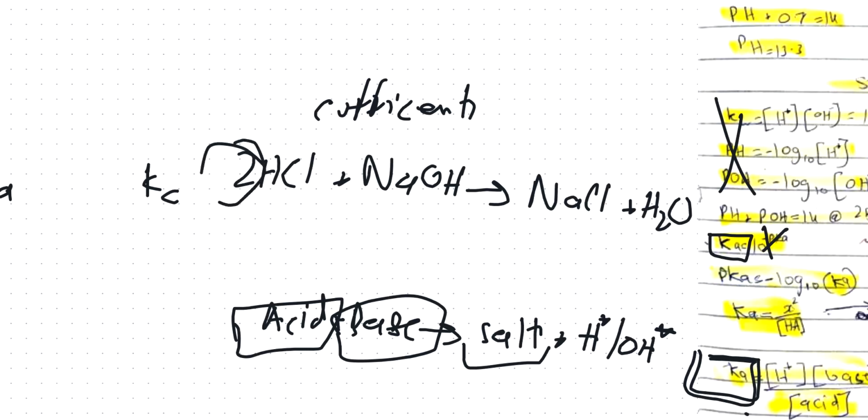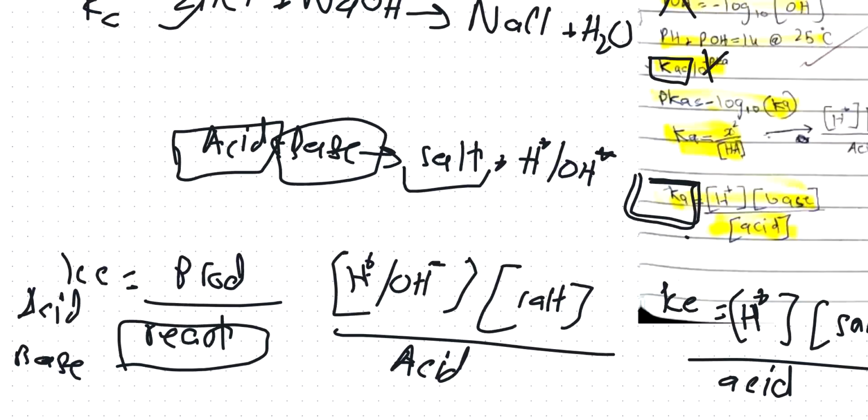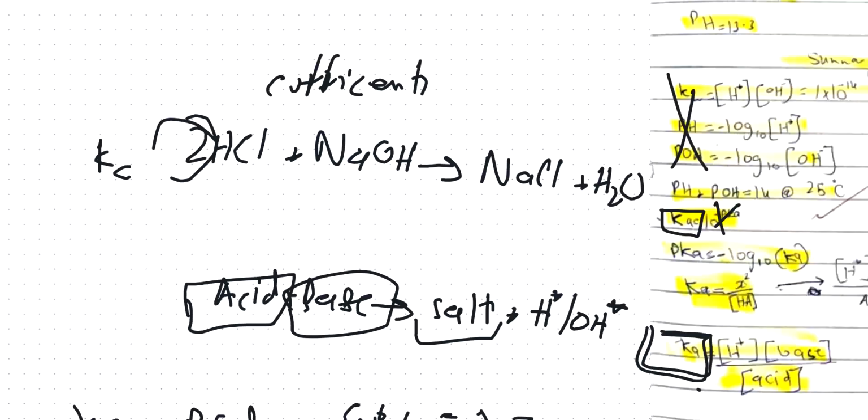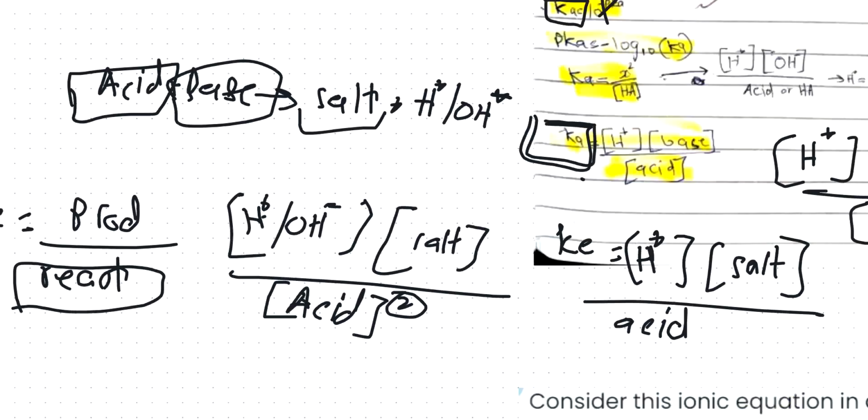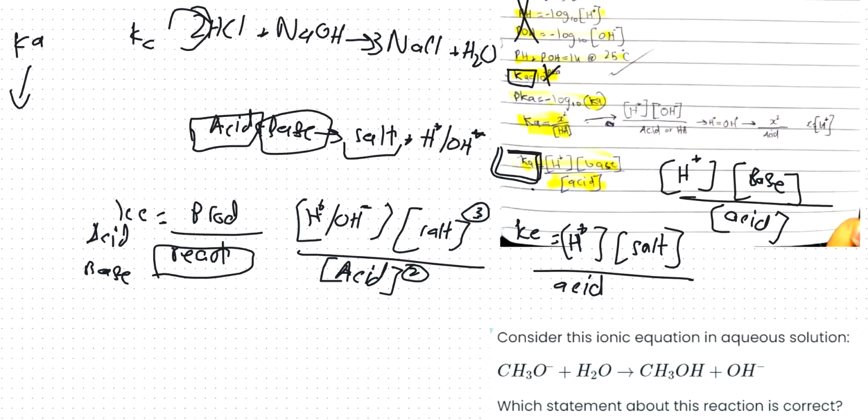So when I have two, I will raise this acid concentration to the power of 2. Similarly, if this was 3, then the salt concentration right here would be raised to the power of 3 as well. So in Kcs and Ka, remember, you will consider the coefficients.